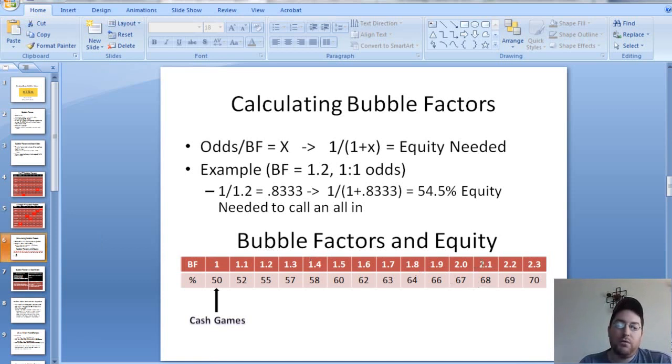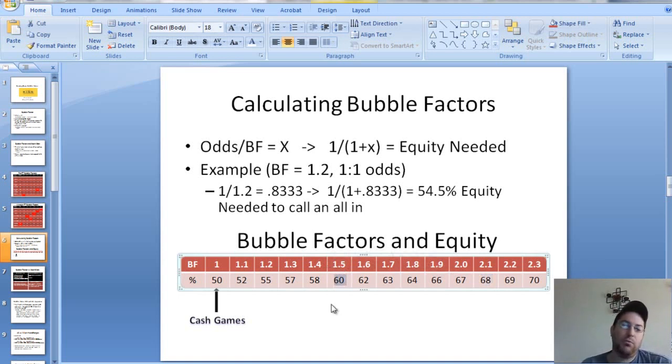Maybe you have a bubble factor calculator, you figure out your bubble factor is 2.1, you need about 68% equity to justify a call. Whereas if you're on the bubble of a 180-man, which we said was roughly 1.5, you need only about 60% equity to justify a call.